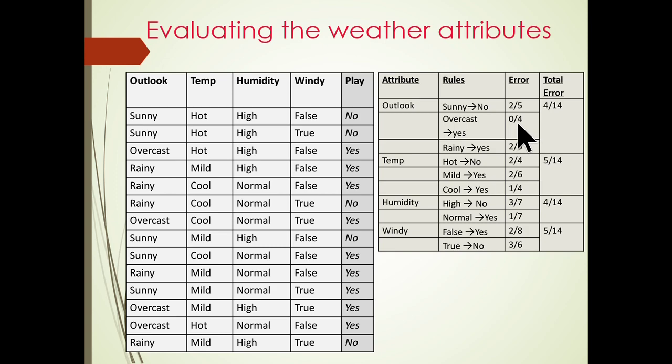If you see the total error for outlook, out of 14 instances, 4 are errors. For temp, out of 14 instances we have 5 errors. Humidity has 4 of 14, and windy has 5 of 14.